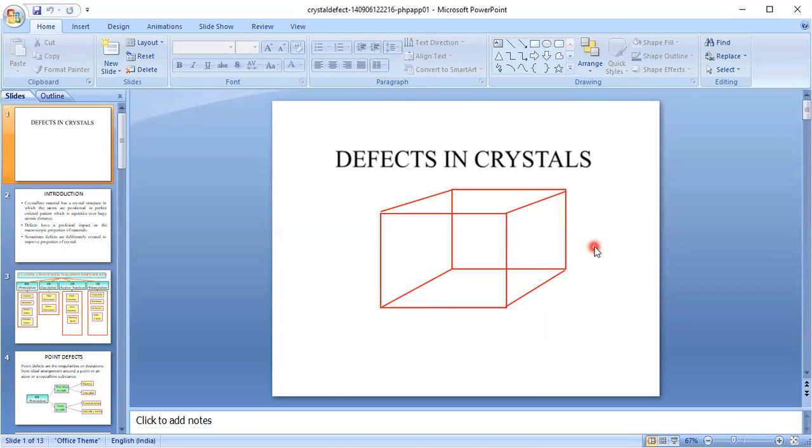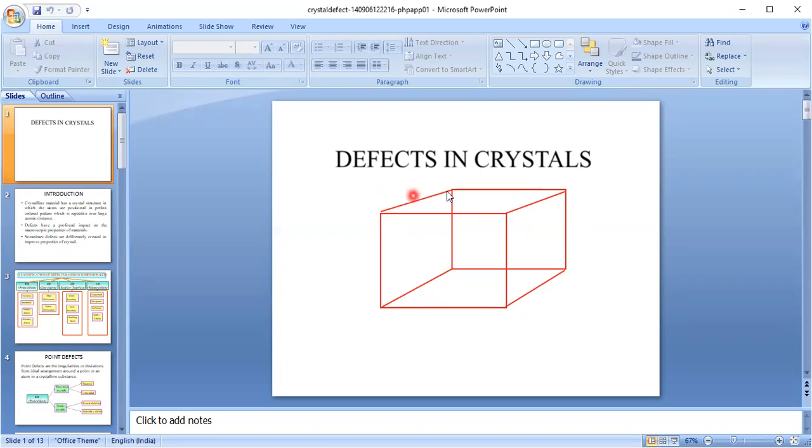These are the four basic types. We have already discussed these in the last class. So in simple cubic, what happens?